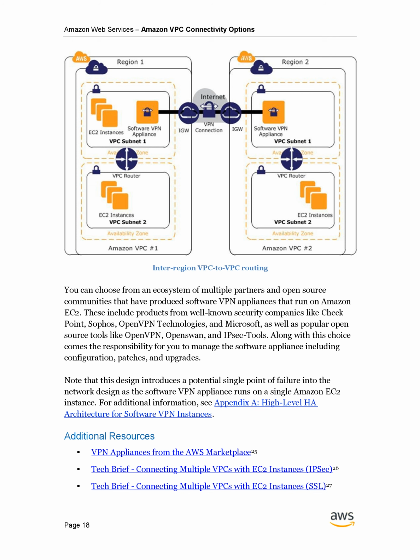Along with this choice comes the responsibility for you to manage the software appliance, including configuration, patches, and upgrades. Note that this design introduces a potential single point of failure into the network design as the software VPN appliance runs on a single Amazon EC2 instance. For additional information, see Appendix A, High-Level HA Architecture for Software VPN Instances.